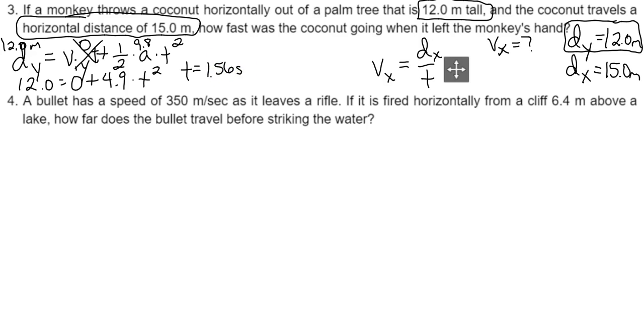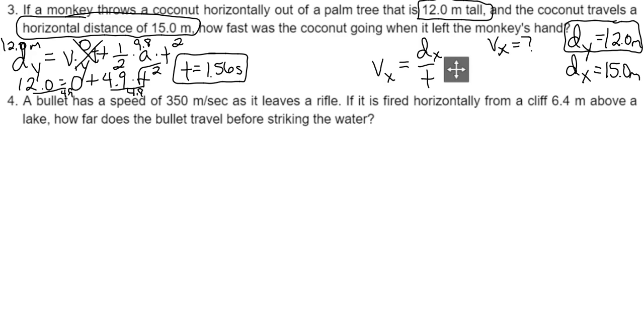Notice that I didn't show every single step, but I divided both sides by 4.9, and then I take the square root of both sides, and that gets me to t equals 1.56 seconds.